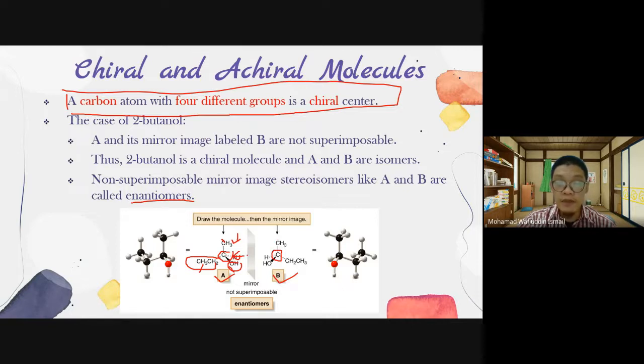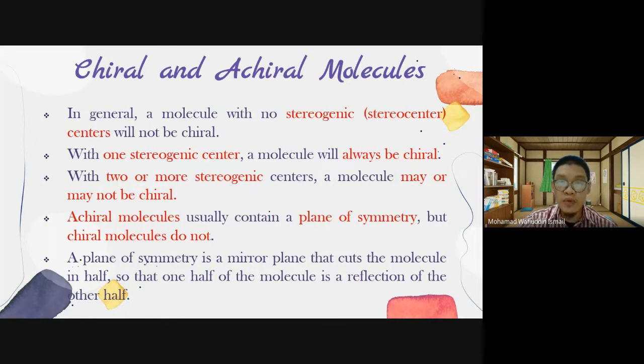So basically, that particular carbon is a chiral carbon, which makes it a chiral molecule. In general, a molecule with a stereogenic center or stereocenter, some call it stereogenic, some call it stereocenter, depends, will be chiral. So this is the general view.